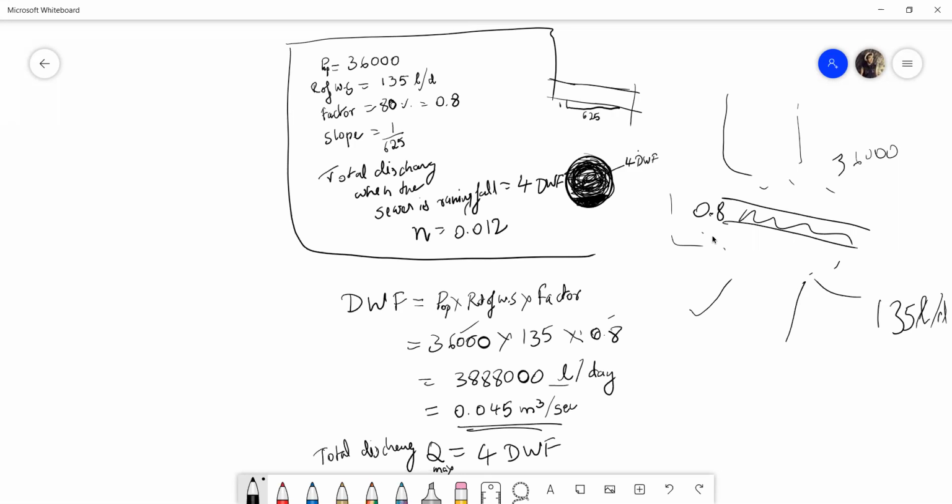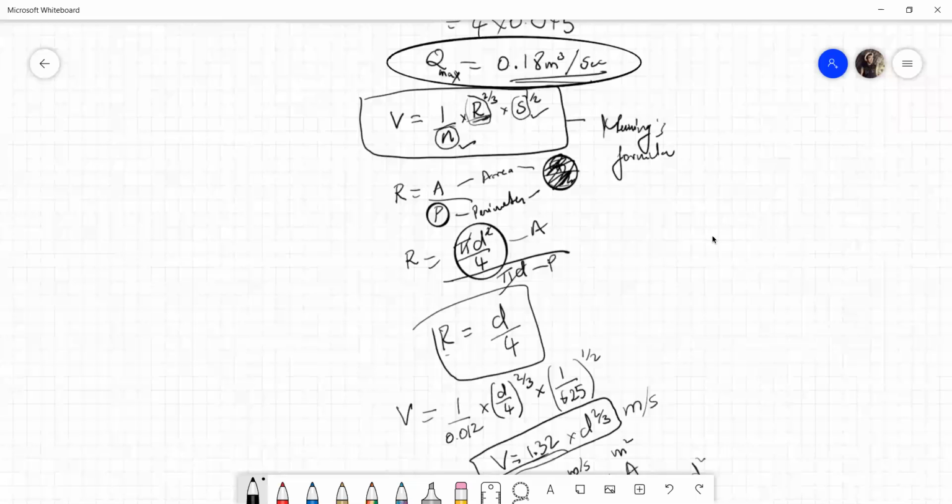The slope for the sewer is 1 in 625. The total discharge will be 4 times the dry weather flow, whatever the dry weather flow is, when it is completely discharged. Manning's constant 0.012 is given. We have to find out the velocity at the end.